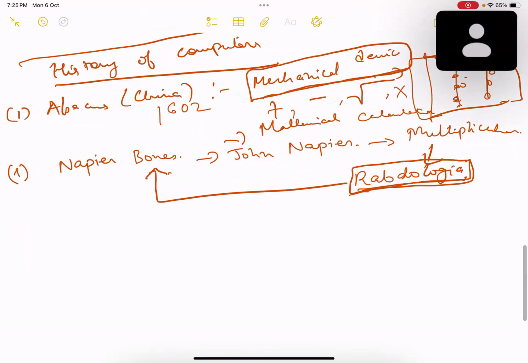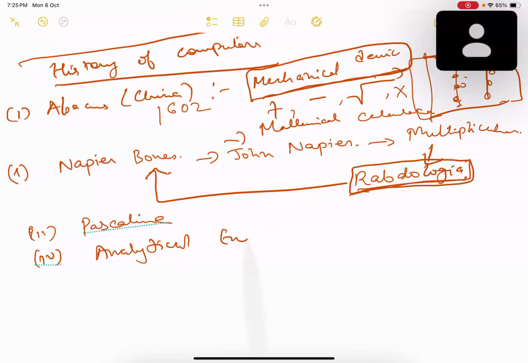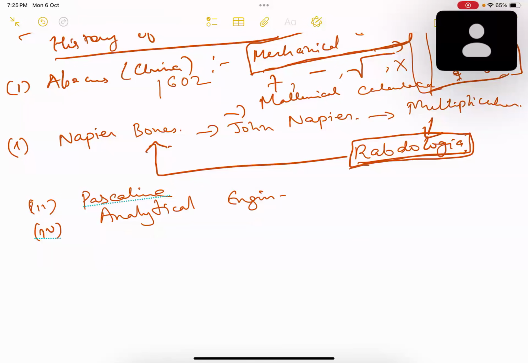Then after that, we have other things like the Pascaline. Then we have the analytical engine. The analytical engine is important, so let's discuss it a bit. It was developed in 1837 by a person known as Charles Babbage.